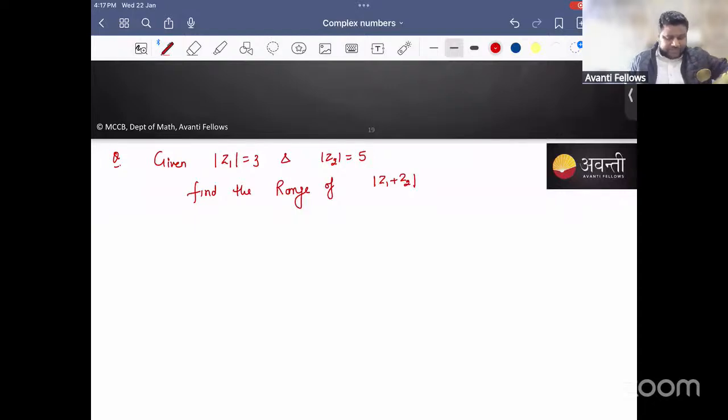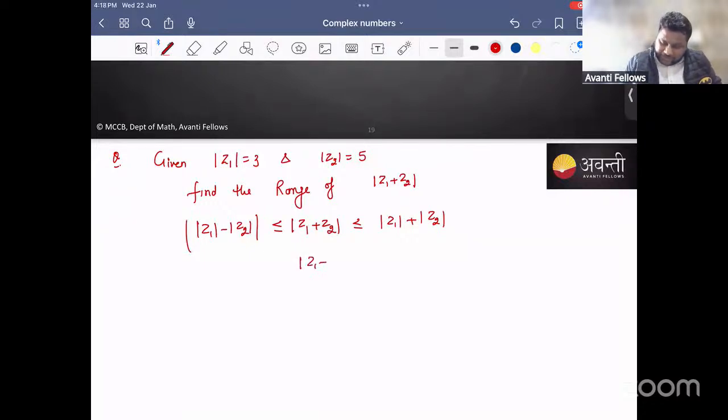Now if you see, this is an easy treat. You just need to apply the inequality directly. So magnitude of Z1 plus Z2 is less than or equal to mod Z1 plus mod Z2. It is more than or equal to modulus of mod Z1 minus mod Z2. So magnitude of Z1 plus Z2 is less than or equal to 5 and 3, 8, and it is more than or equal to 2. Got it?